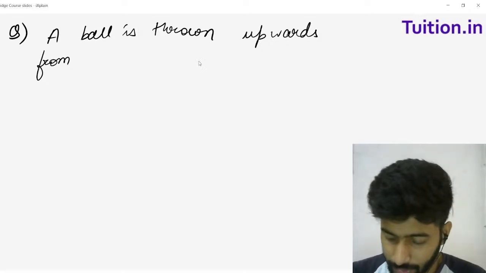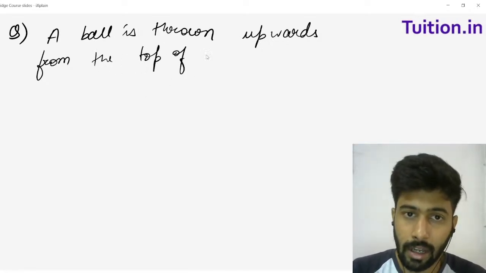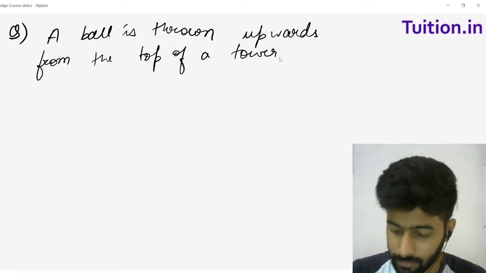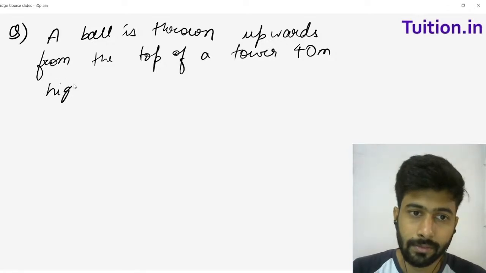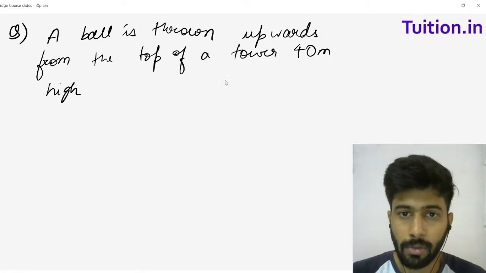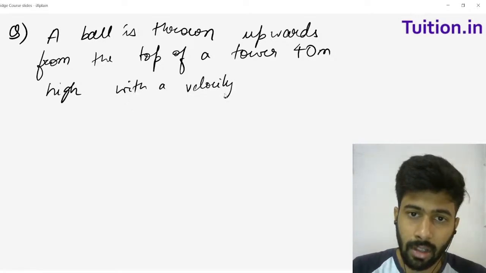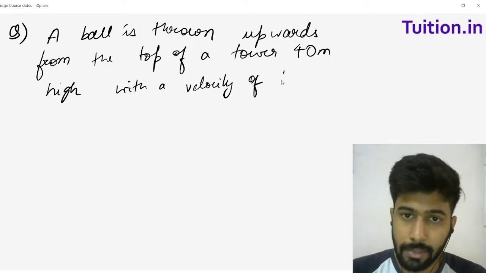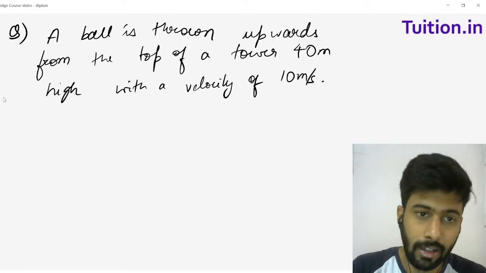A ball is thrown upwards from the top of a tower 40-meter high with a velocity of 10 meters per second. Find the time when it strikes the ground.